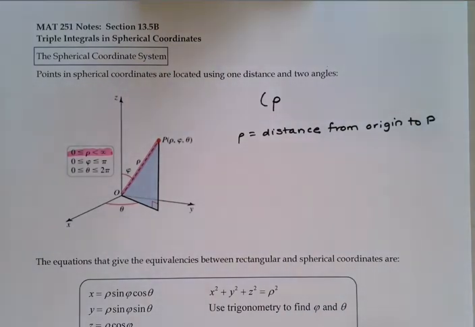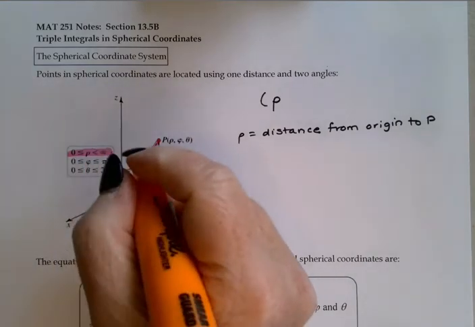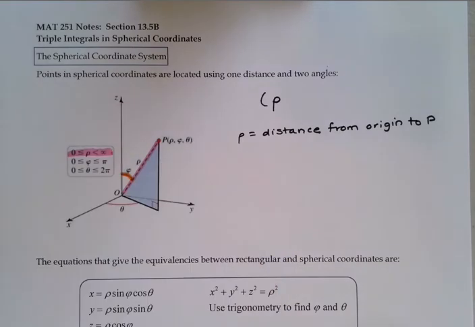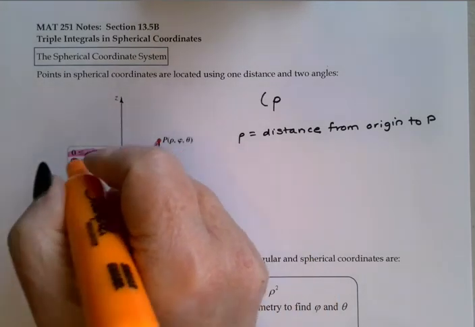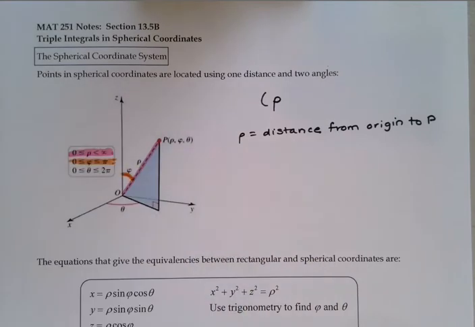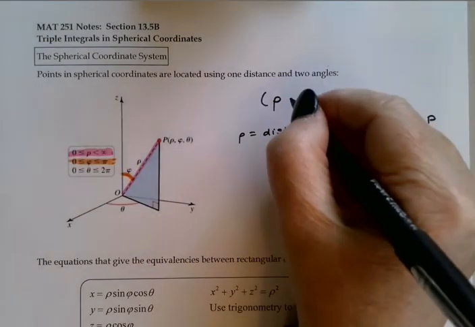Our second variable is the variable phi. Phi is this angle with the positive z-axis. And phi is always considered to be between 0 and pi.